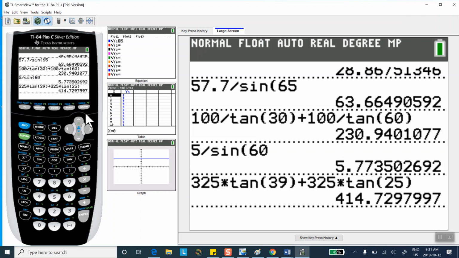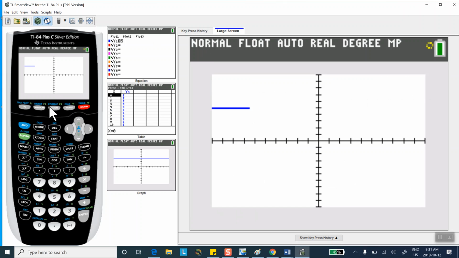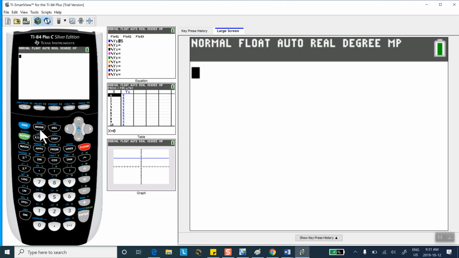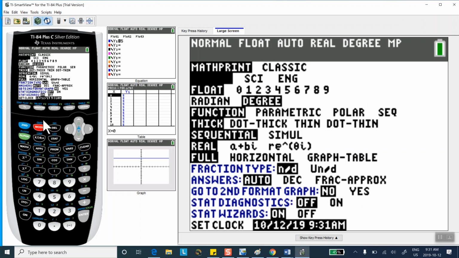Okay, so let me clear everything here. Clear everything. Okay, good. Let's check my mode. I want to make sure it's on radian angle. This is on degrees right now, so let me turn it to radians.